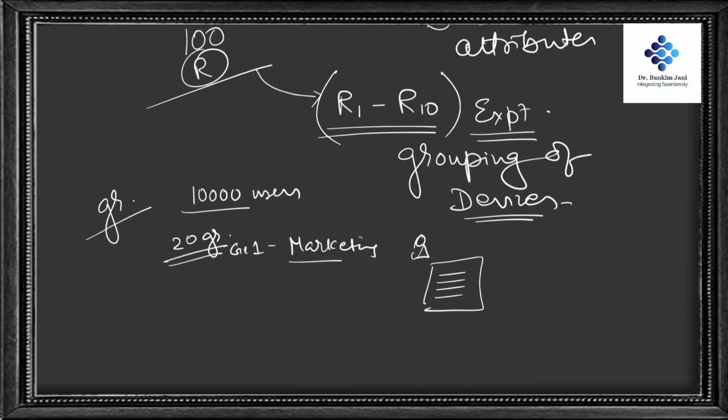So all you do is give the rights of the marketing group on this particular folder. That's it. All those users who are part of it will automatically get that piece of information. So this is what is called grouping. The way we group users over here, the same way grouping of devices is needed.